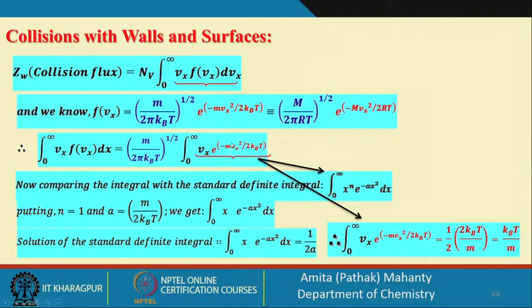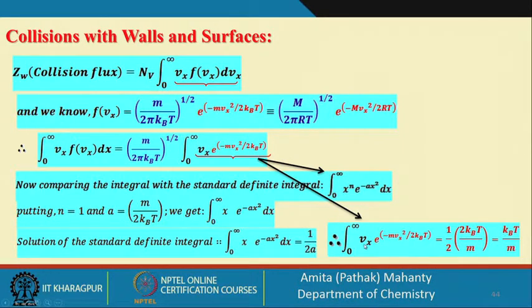A should be this term, that is m by 2kT. Okay, k is the Boltzmann constant. So, if I compare that, this expression, if I have n equal to 1, then the solution of that integral is 1 by 2a. So, if I put the 1 by 2a, what do I get?